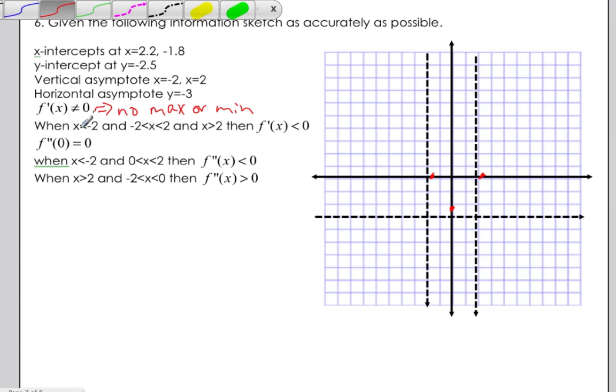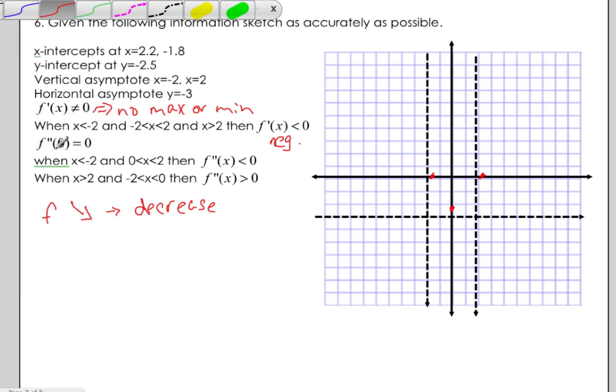But it says when x is less than negative 2, between negative 2 and 2, and bigger than 2, so that means everything except the asymptotes, the first derivative is less than 0. Less than 0 means negative. So if it's less than 0, that means f is always decreasing, always going downwards.